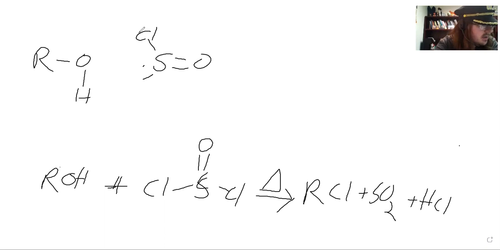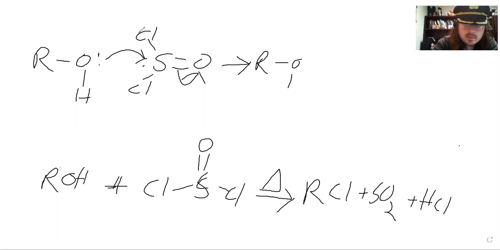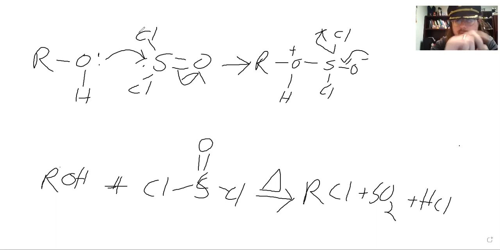These guys, because of their lower structure, can accept these extra electrons. So we form our species like thus. Then this O minus swings back down, kicks off a better leaving group, kicks off the chloride.